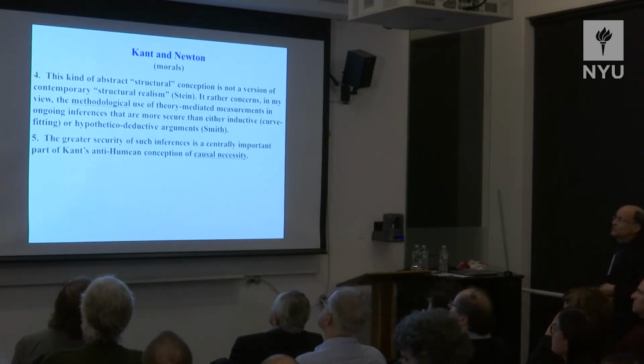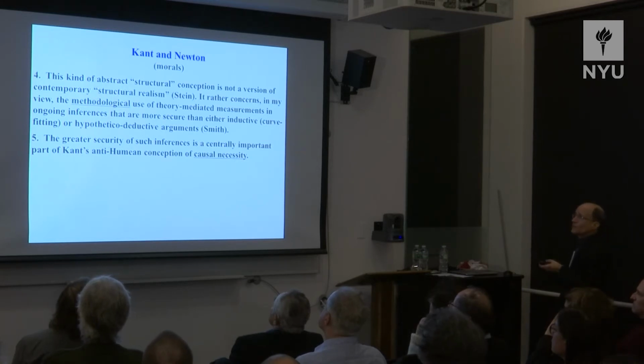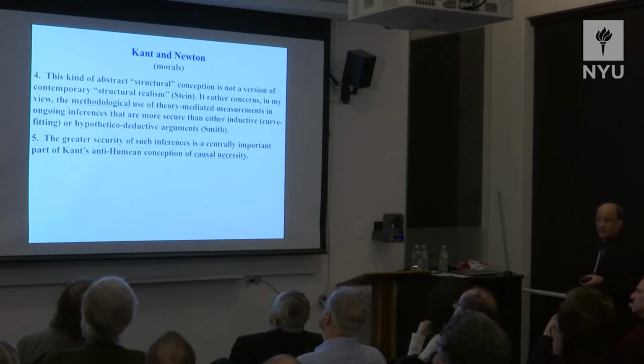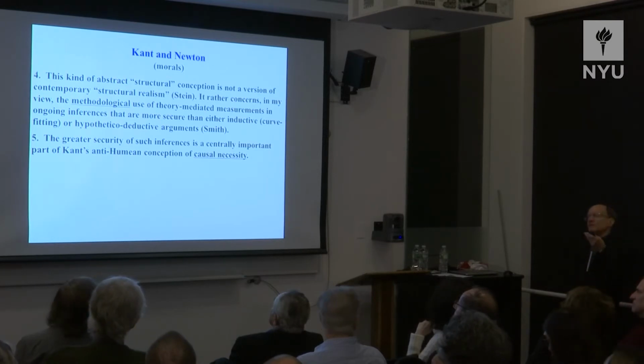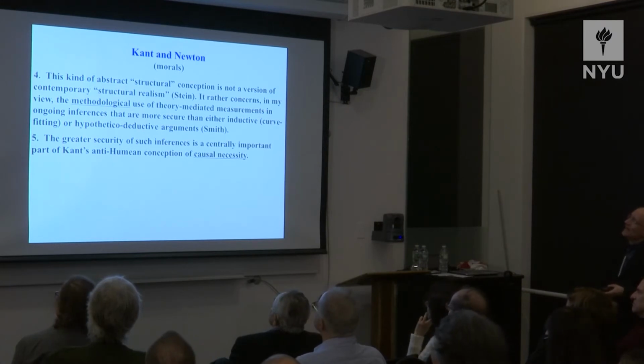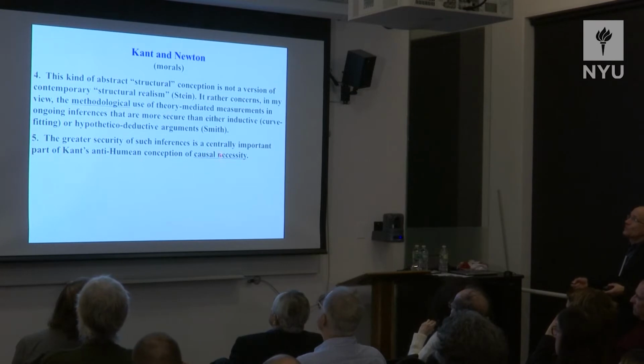This is just in a way a throwaway, but I think it's important that Kant, of course, has an anti-Humean conception of causal necessity. This came up also last Wednesday in conversations with Mike Strevens, not Mike Strevens. Yes, Michael Strevens. And what I'm saying is that this is a centrally important constituent of that anti-Humean conception.